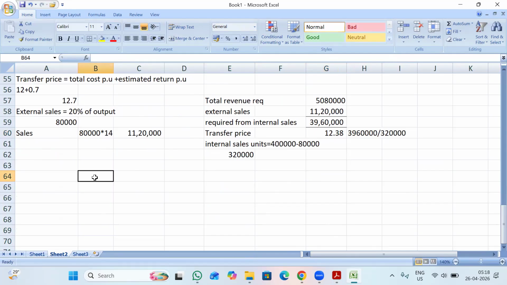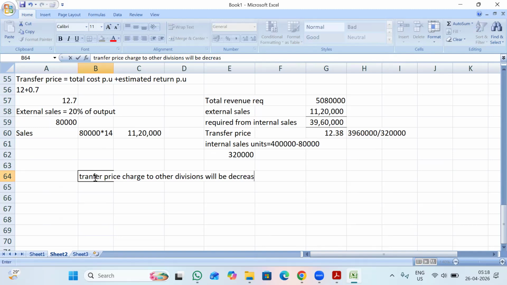So my conclusion is the transfer price charged to other divisions, as mentioned in the question, will be decreased from 12.7 rupees to 12.38.